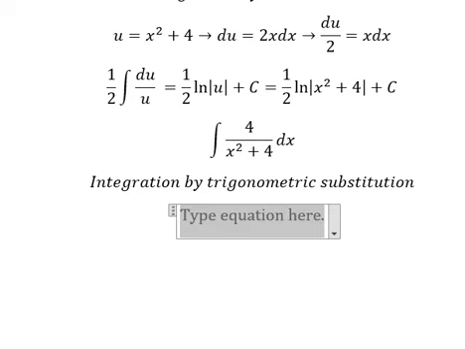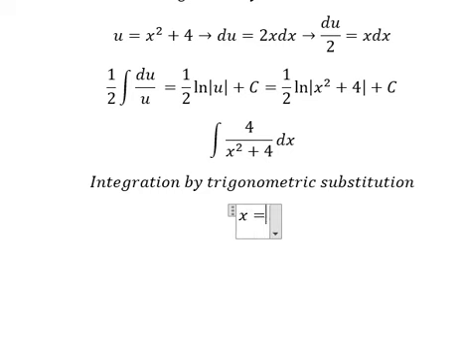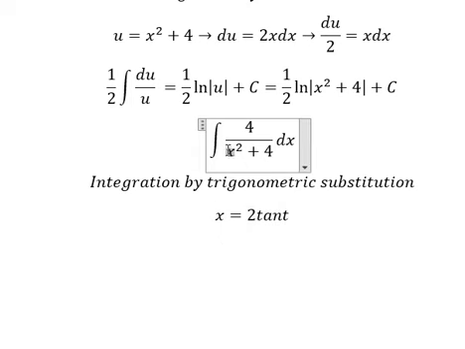So I will put x equals 2 tan t, because if I put this one in here, we have 4 tan t squared plus 4. We can do factorization: tan t squared plus 1, we change for secant of t squared, and later we simplify by dx.